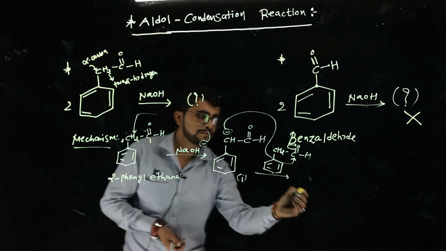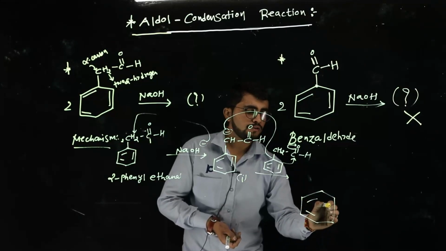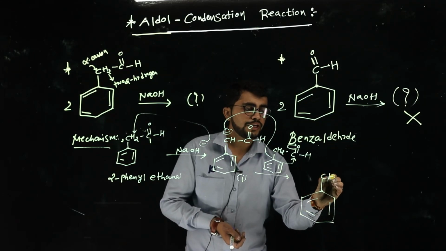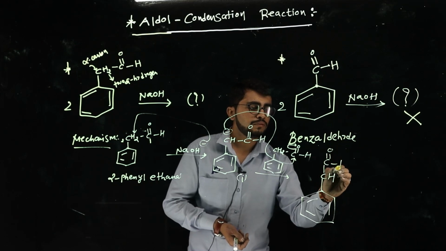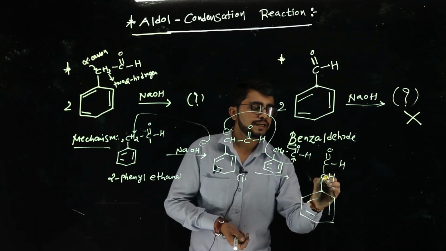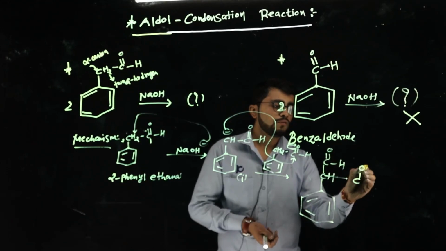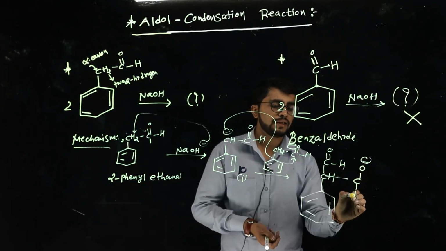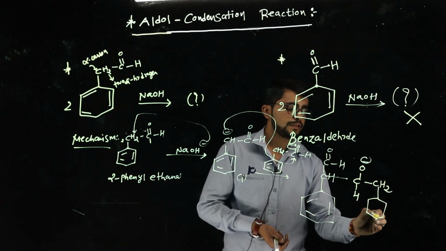So what is the final product? Benzene ring, CH, CHO aldehyde group attached on this side, and on the other side CO minus H, CH2, benzene ring.